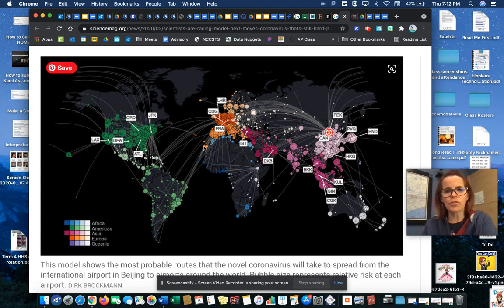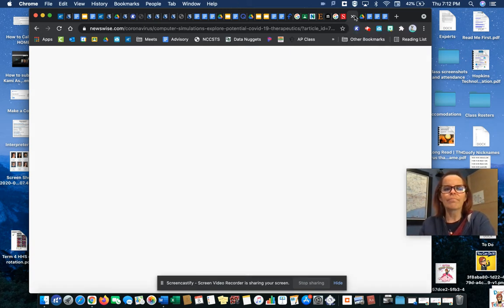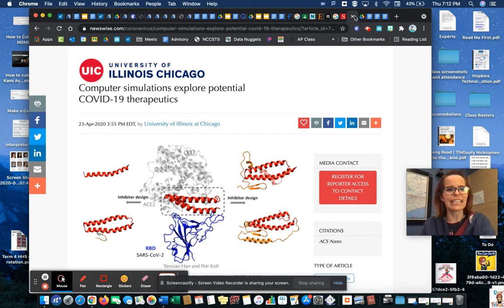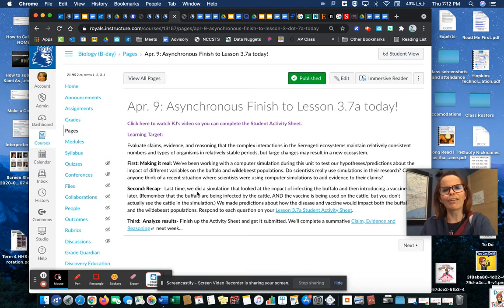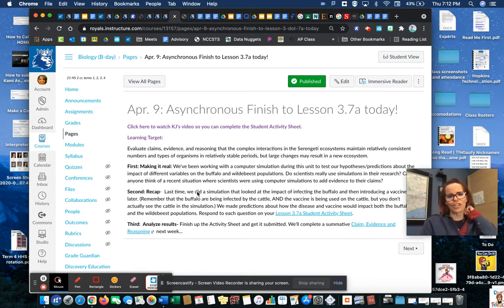The lines that you're seeing are like people getting on airplanes and then spreading it to other cities around the world. We've been using computer simulations, but I wanted you to be really clear that scientists are using computer simulations, that this is legitimate science. Okay, let's go back to where we were and we'll continue with our lesson 3.7 student activity sheet.